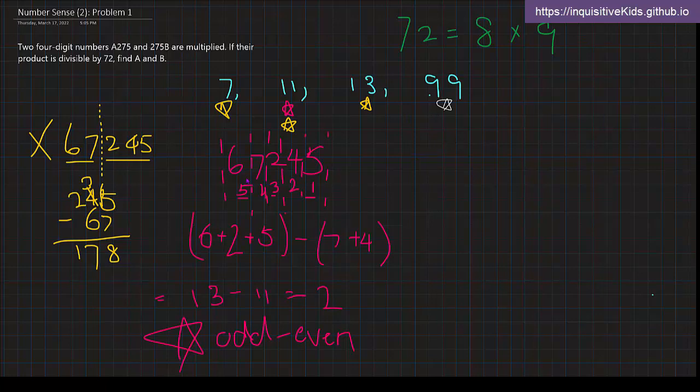First, we're still going to see if 67245 is divisible by 99. What we're going to do is split from the very last place value, split up these digits in groups of 2 that are next to each other.